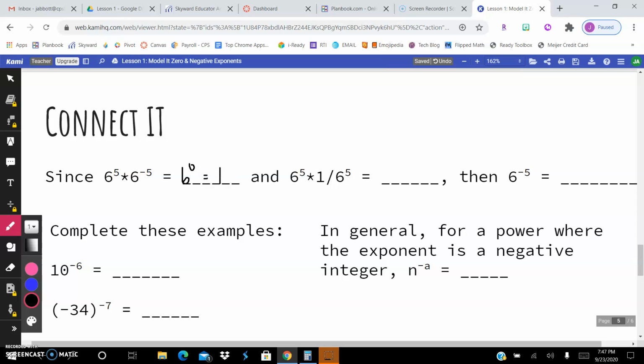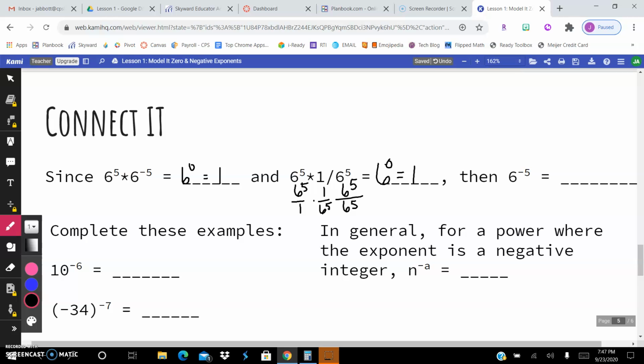And we just did this one, 6 to the 5th times 1 over 6 to the 5th. And we ended up with 6 to the 5th over 1 times 1 over 6 to the 5th was 6 to the 5th over 6 to the 5th. Subtract the 5s, we get 0, and that is equal to 1.